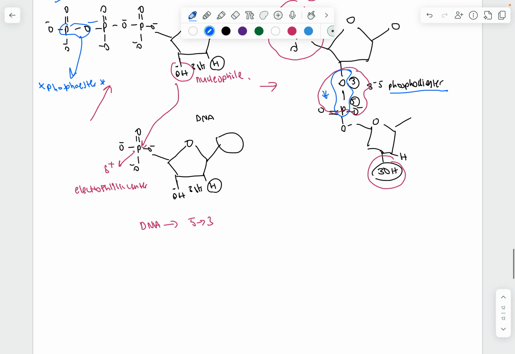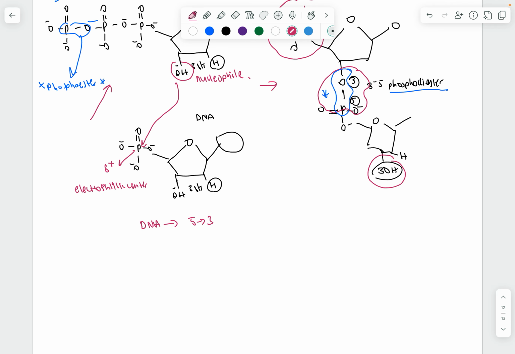So, key points. There is a phosphodiester bond. The phosphodiester bond will run in the 3 to 5, which I explained based on the nucleophilic attack here. You have a phosphoester bond, that is between phosphates.